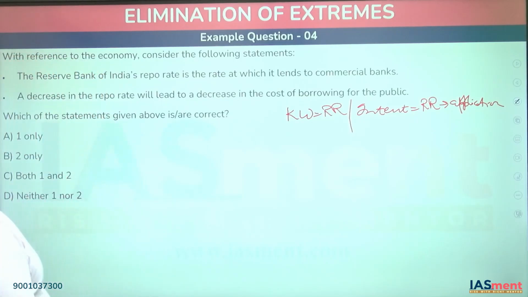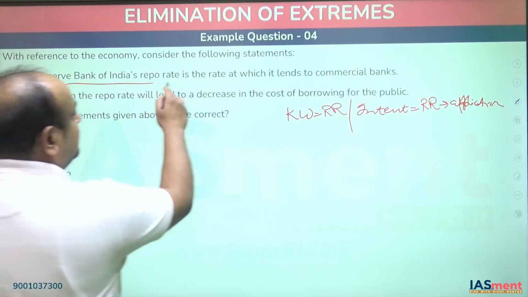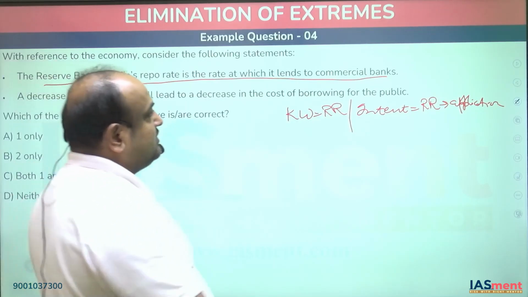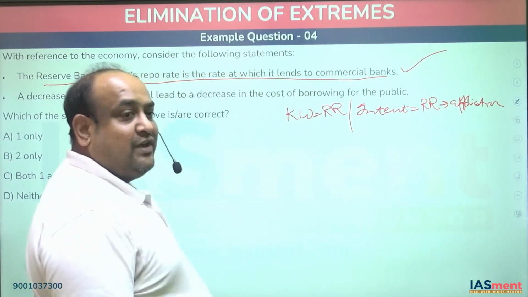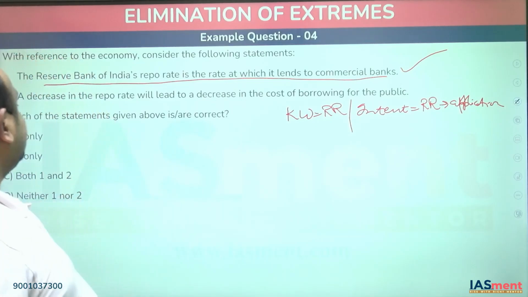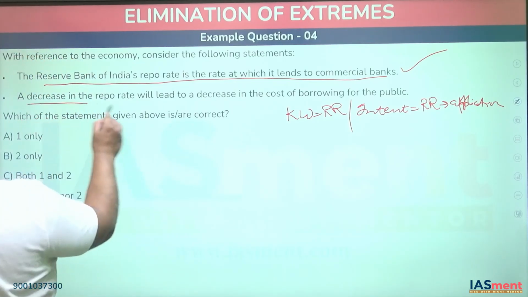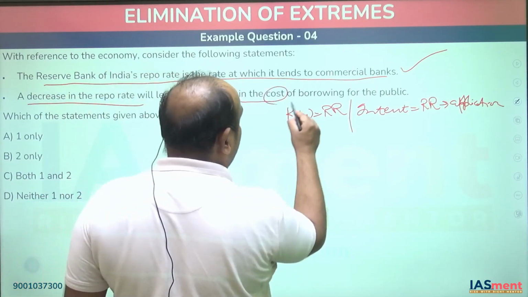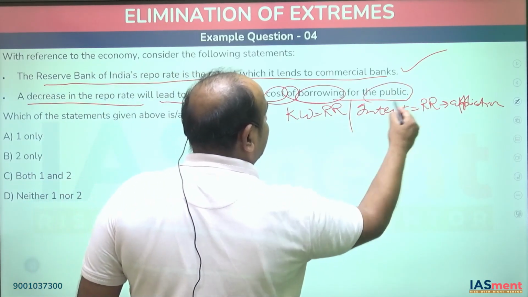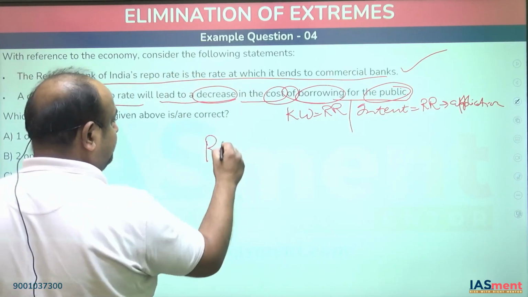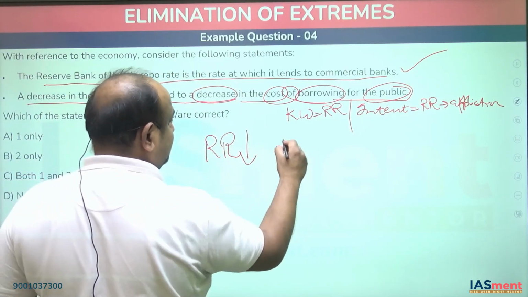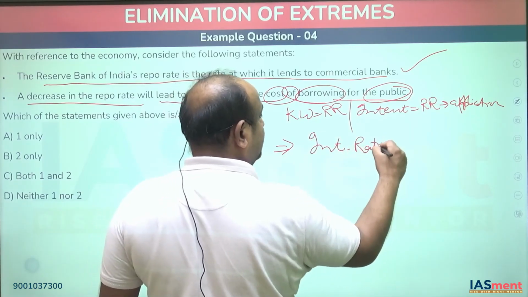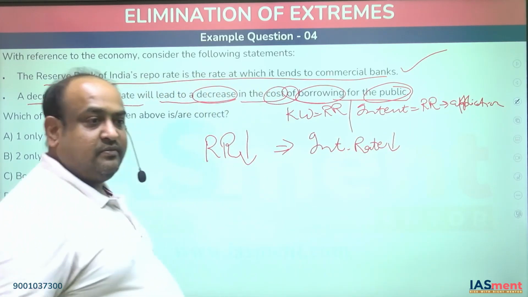Okay. RBI's repo rate is the rate at which it lends to commercial banks. Yes, you all know about it. This is a very simple statement. Now the tricky statement is the second one. A decrease in repo rate will lead to a decrease in the cost of borrowings for the public. That is, if the repo rate decreases, then it leads to an interest rate decrease.